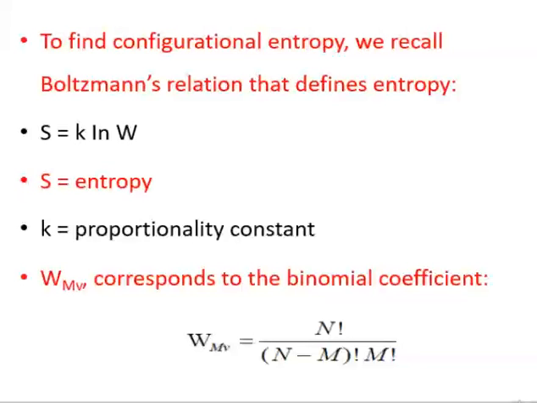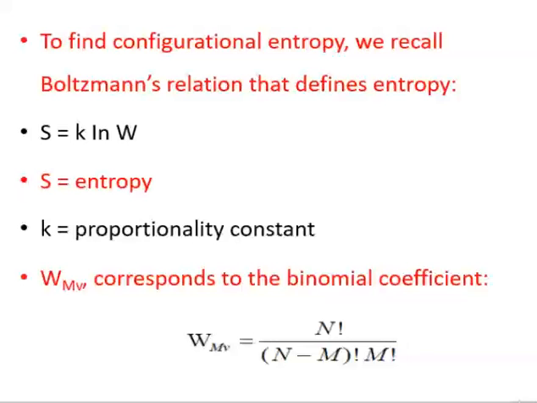Now, if you want to find the configurational entropy, that is the one that carries superscript C, we can use the Boltzmann relation that defines entropy as S is equal to K ln W, where S is our entropy, K is the proportionality constant, we call it Boltzmann's constant, and W is the number of ways of creating that M number of vacancies.